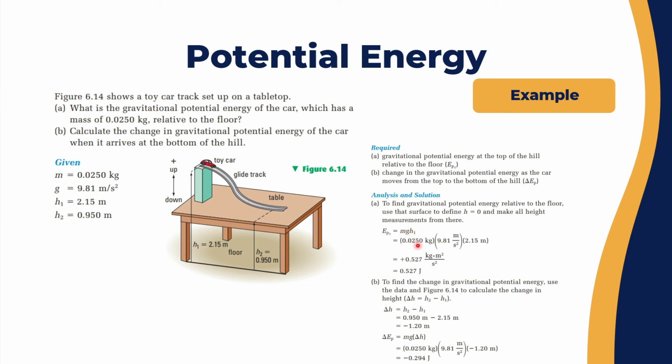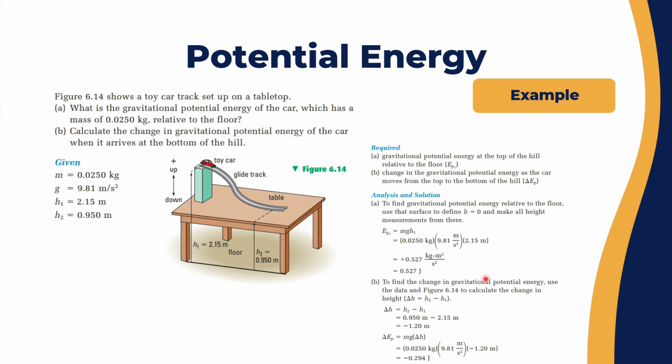That would give you 0.025 times 9.81 times 2.15 meters. Make sure you look up the units and make sure they're all consistent, because your final unit should be kilogram times meter squared over second squared, which is joule. Then the final EP1 would be 0.527 joules.